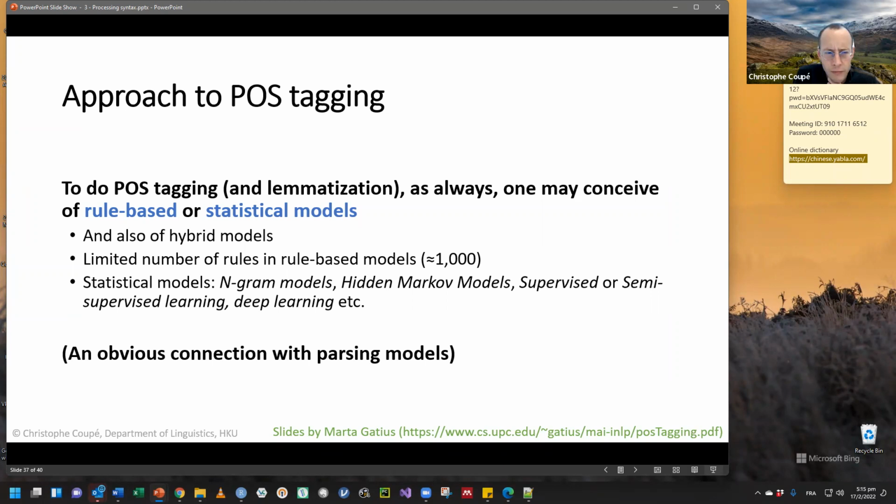You may have a limited number of rules in rule-based models. You may have n-gram models, hidden Markov models, deep learning, semi-supervised learning, decision trees, gradient boosting, you name it. There are many, many techniques. Today, what works best? Deep learning most of the time.